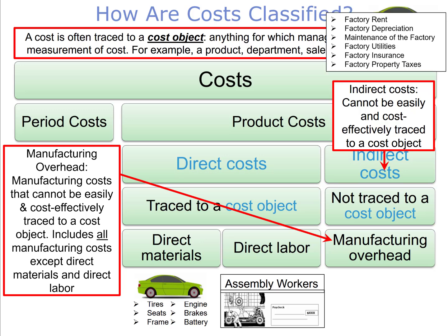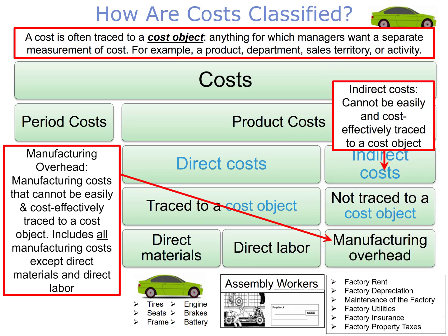Examples include factory rent, factory depreciation, factory maintenance, factory utilities. These are all manufacturing overhead because we cannot easily and cost-effectively trace their costs to each car produced. For example, we can't tell how much of the factory's electric bill went into building one car over another car.